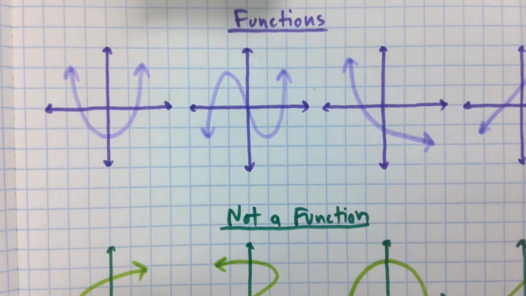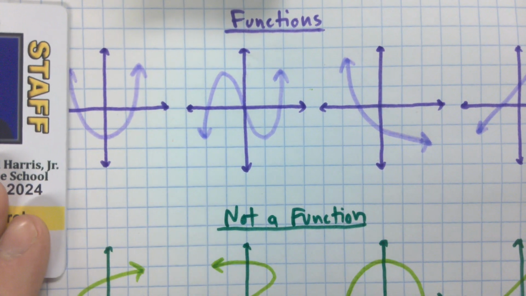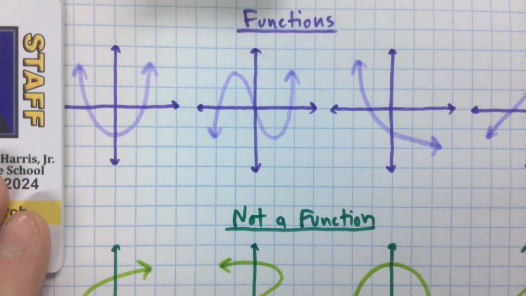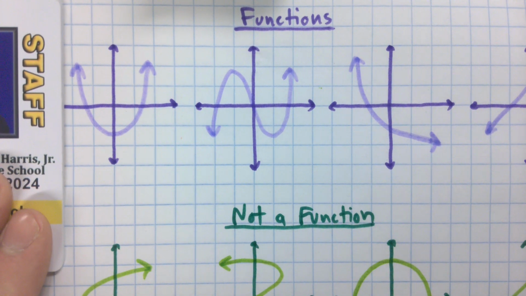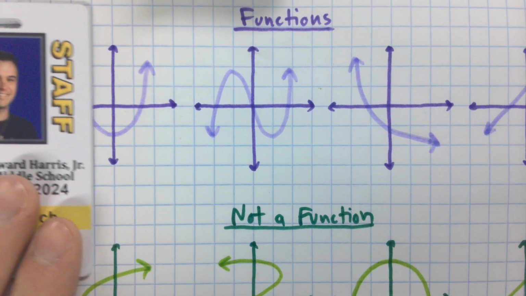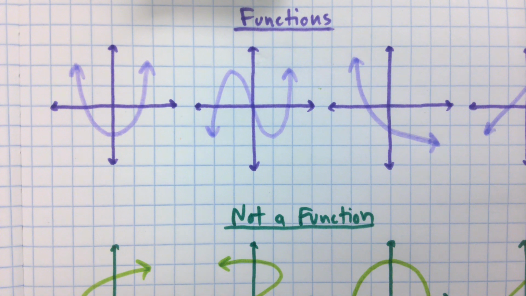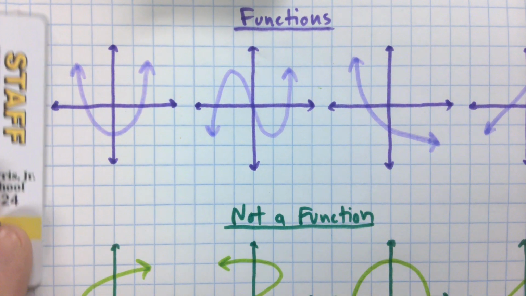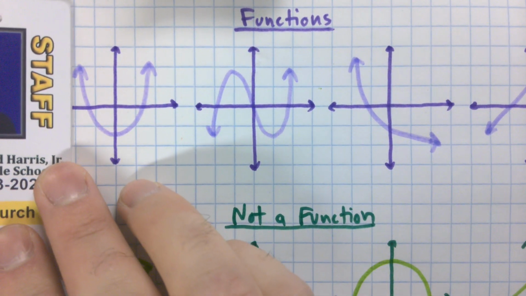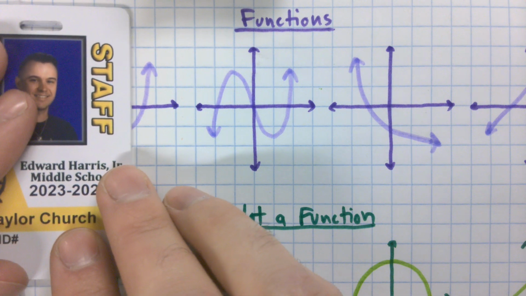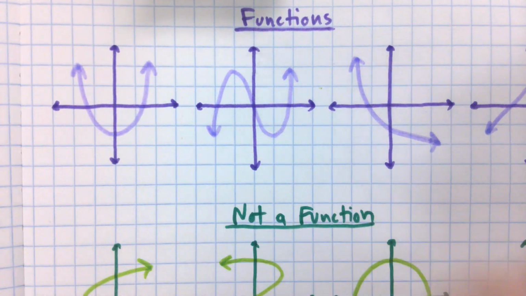Let's start with the ones that are functions. We're going to take our vertical line and put it on the leftmost side of our graph. We're going to drag this vertical line from left to right across our function.